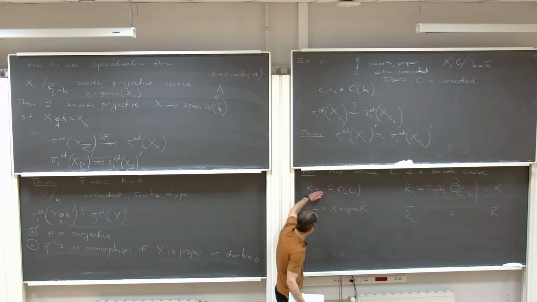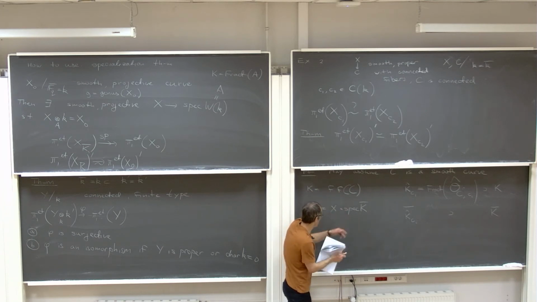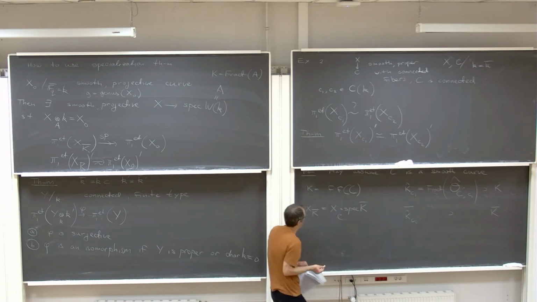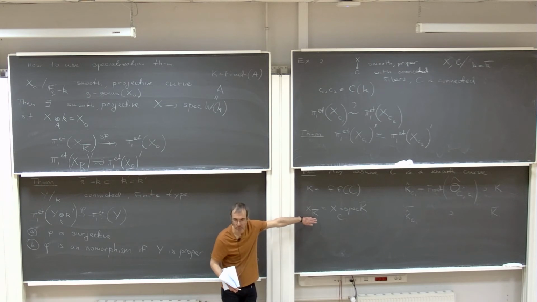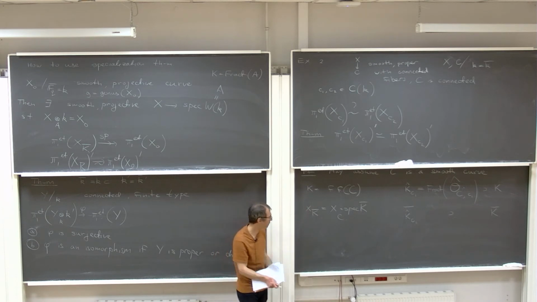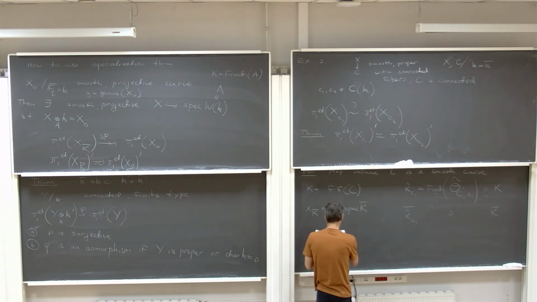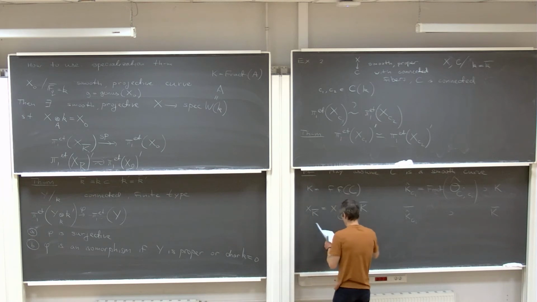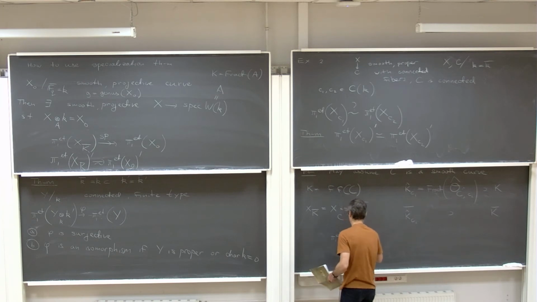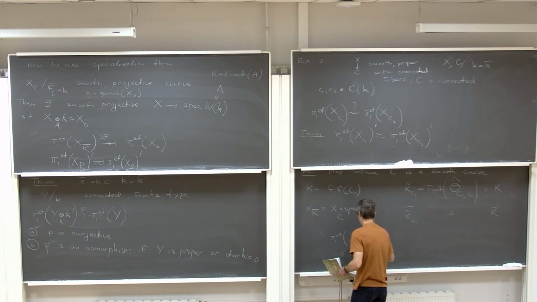K is a generic point, so this maps to C. This is the geometric generic fiber of my curve. And then we have π1 étale of X_K-bar.